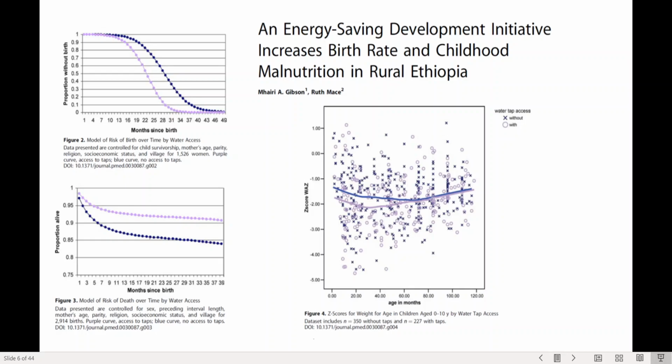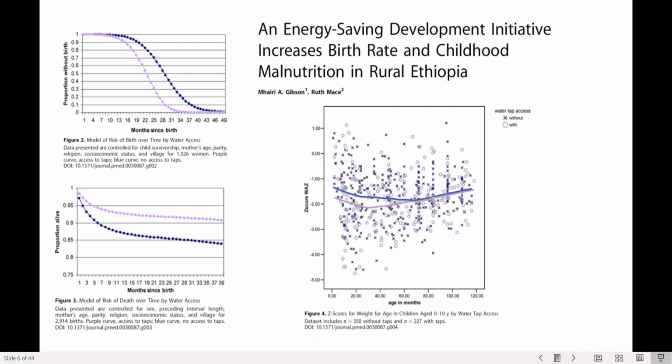And obviously also for the women, because now they were pregnant more often, the health risks for women also increased. So the argument here is, sometimes public health interventions that have good intentions can backfire, in that they actually decrease health, even though the intention was to increase health.